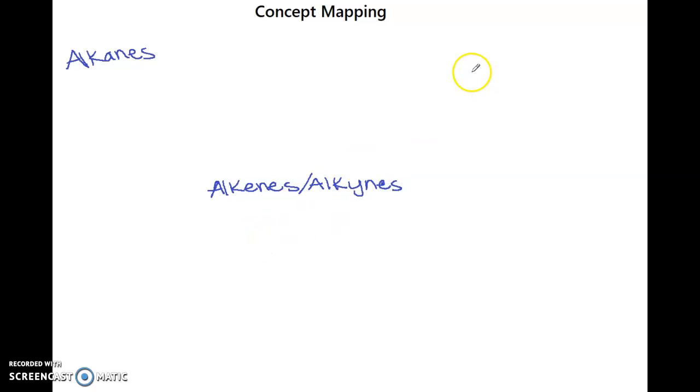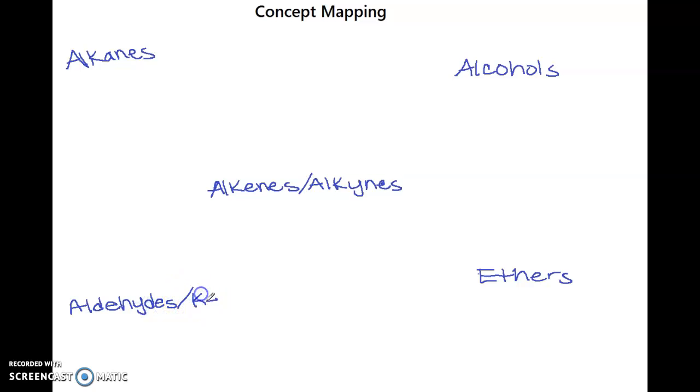We've covered alcohols, ethers, and also aldehydes and ketones, which are related but just a little bit different. You could add more, every single one we've covered so far. I just thought for space, I might just do these.